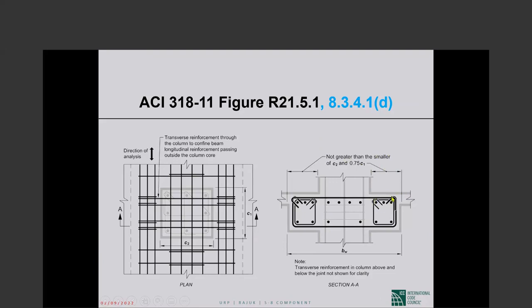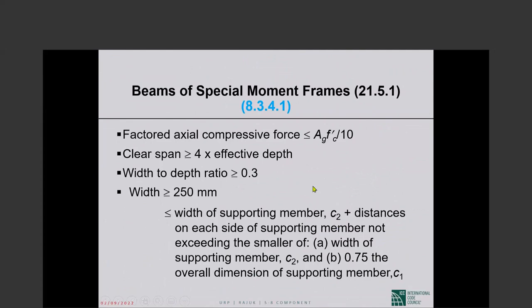So this overhang cannot be any greater than the smaller of two things, C sub 2, this column dimension, or 75% of C sub 1. So that's how wide the beam can be and still serve as part of the seismic force resisting system. Okay, what this picture shows is what was said here.